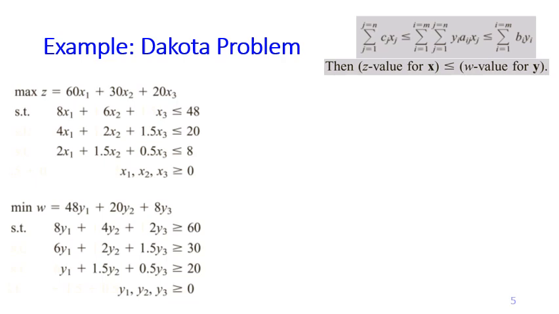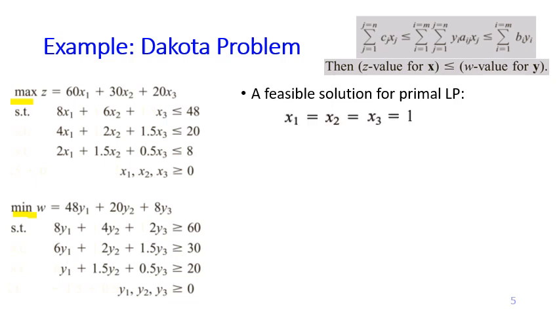Now see how we may use that lemma to learn something useful about the relation between primal and dual. Given the primal and the dual problem of the Dakota problem, let's say we have a feasible solution for the primal: x1 equals 1, x2 equals 1, x3 equals 1. You can check that this solution is indeed feasible. It satisfies all constraints. The z value for that feasible solution is 110.